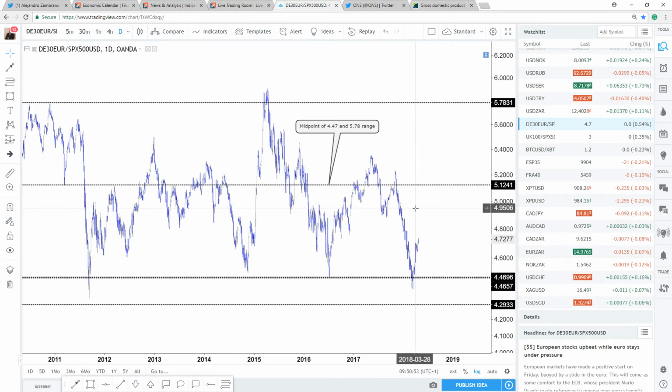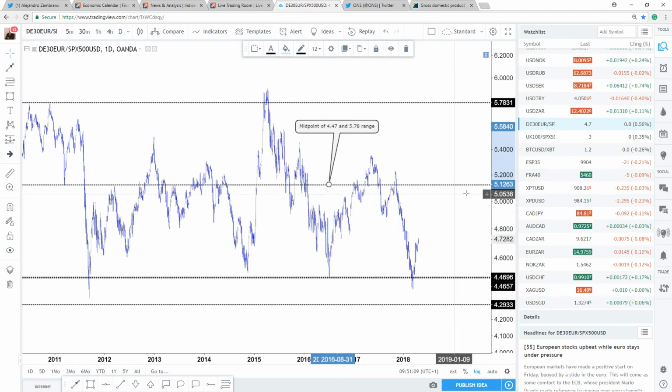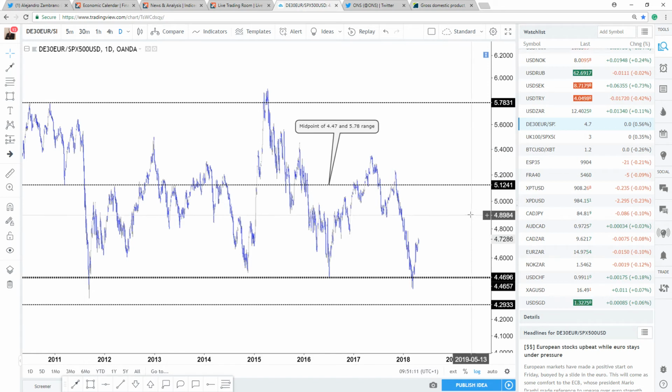So you get 4.47 DAX contracts for one contract of the S&P, and we're right now just at 4.72. So actually this is all wrong, of course. It's 5.12. It's the midpoint of this whole range, that's what it is. So 5.12 is the mid-range.